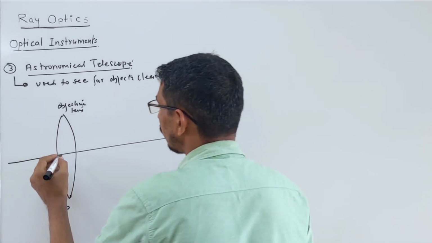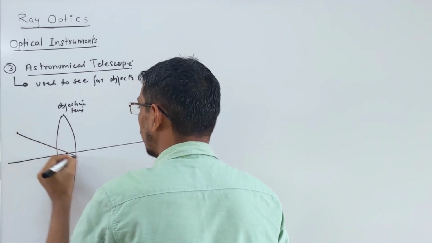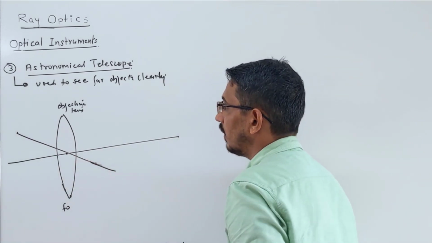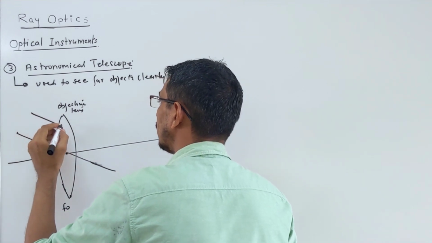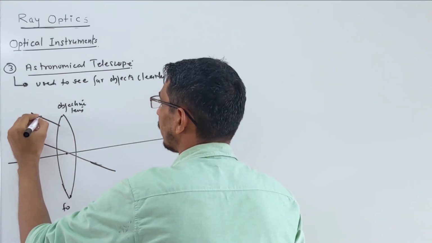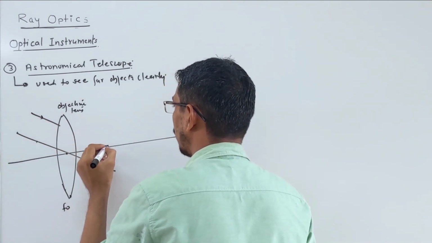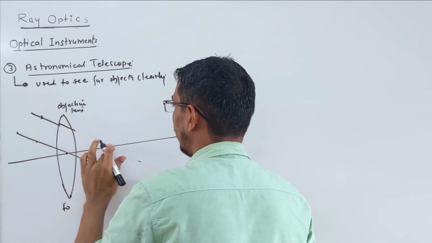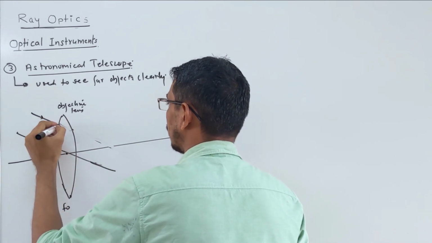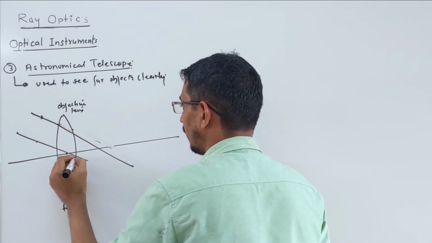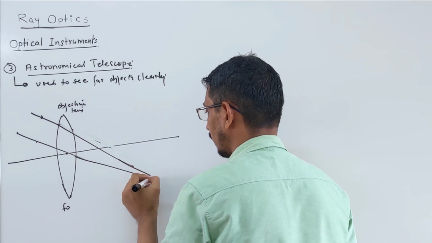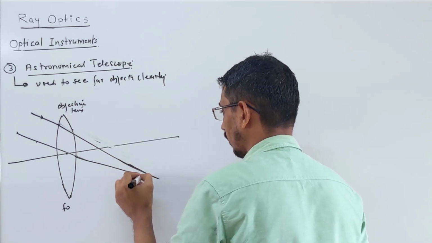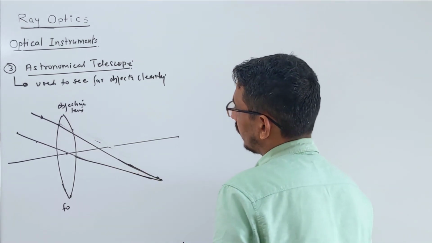So let's say one ray coming and passing through the optical center will pass straight, it will not deviate. One ray coming parallel, let's say like this, should pass through the focus of this. Say this is the focus, so they will meet here.